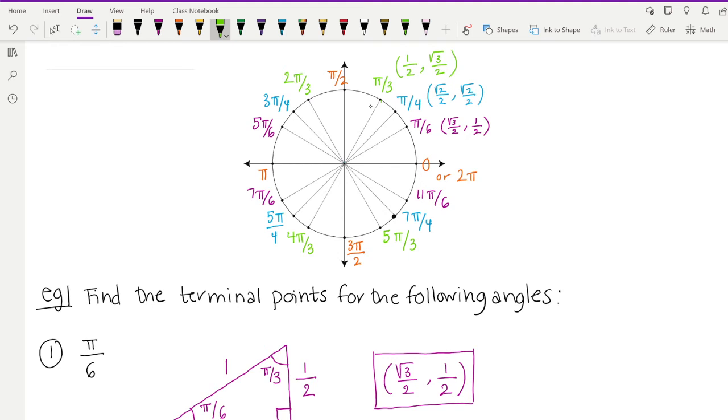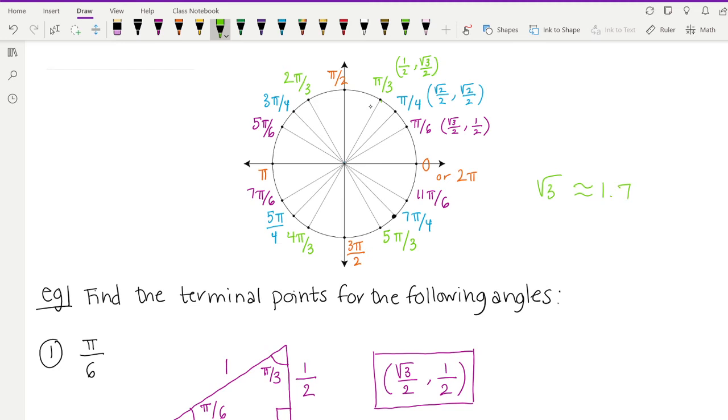One thing that I found sometimes trips students up is that they forget which side is which. They flip the 1/2 and the square root of 3 over 2. There's a really easy way to figure out which coordinate goes where. 1/2 is a smaller number than the square root of 3 over 2, right? Square root of 3, if you type that into a calculator, is about, don't quote me on this, 1.7.